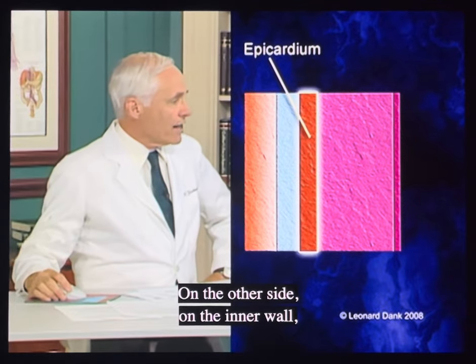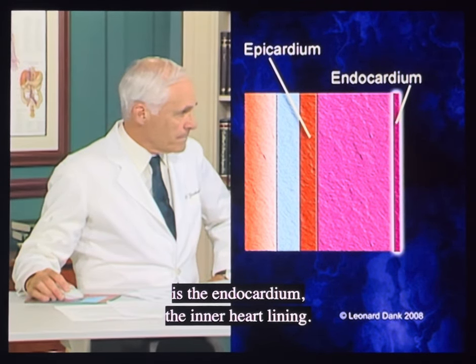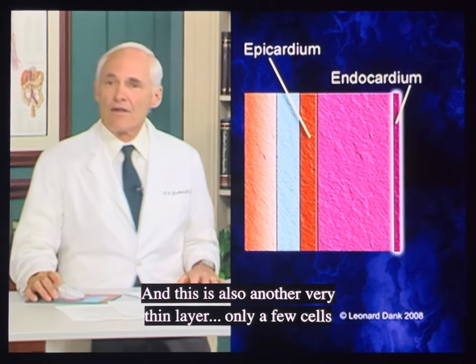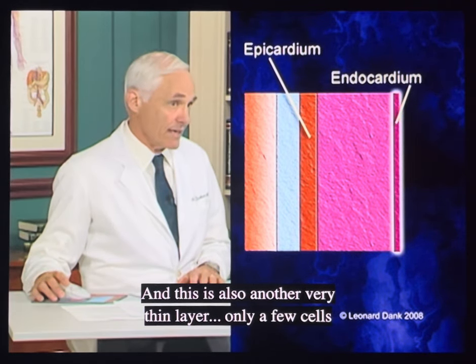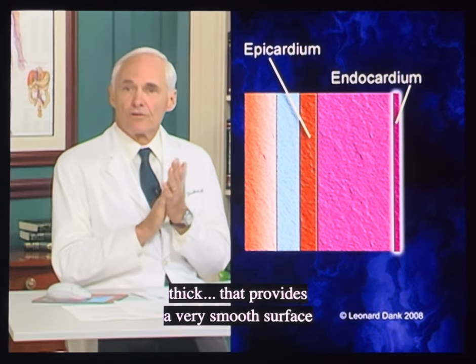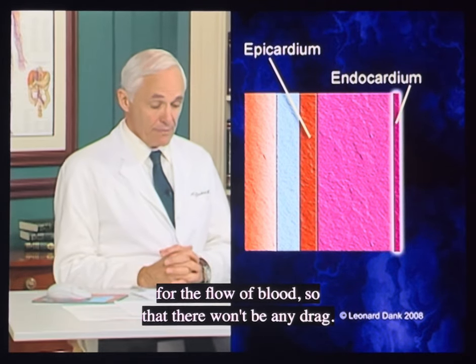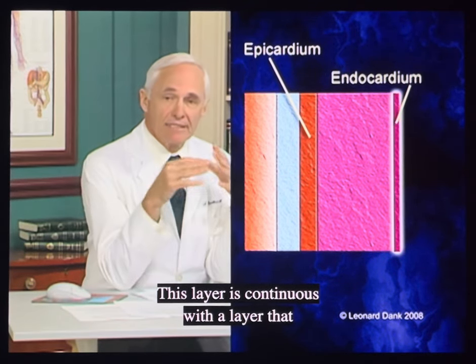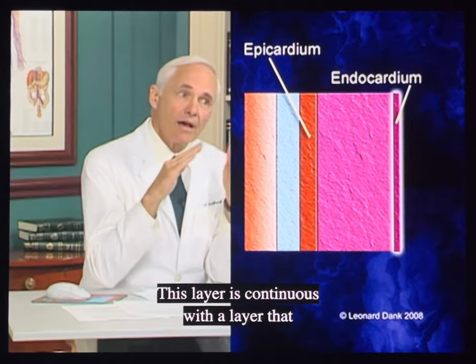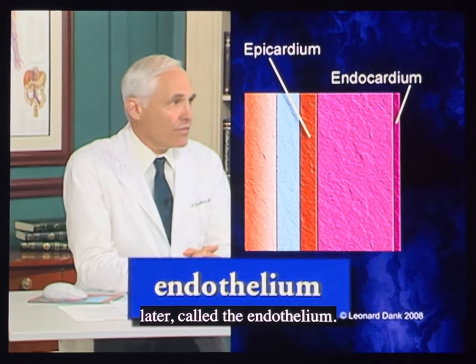On the other side, on the inner wall, is the endocardium, the inner heart lining. And this is also another very thin layer, only a few cells thick, that provides a very smooth surface for the flow of blood so that there won't be any drag. This layer is continuous with a layer that goes right out into all the vessels, which we'll talk about later, called the endothelium.